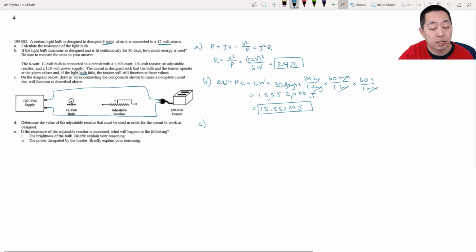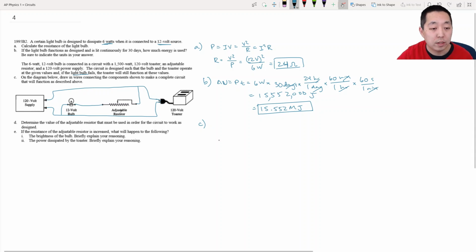So I want it parallel with all of this. Second, I can't hook 120 volts directly to the 12 volt bulb. So I'm going to put this resistor here, and that will allow me to control the voltage drop so that I have exactly a 12 volt drop. So that would work.